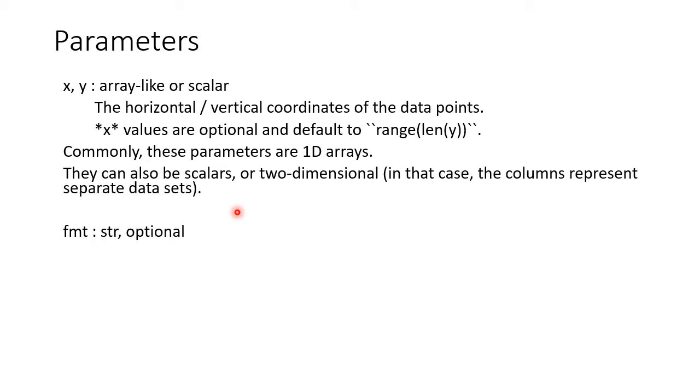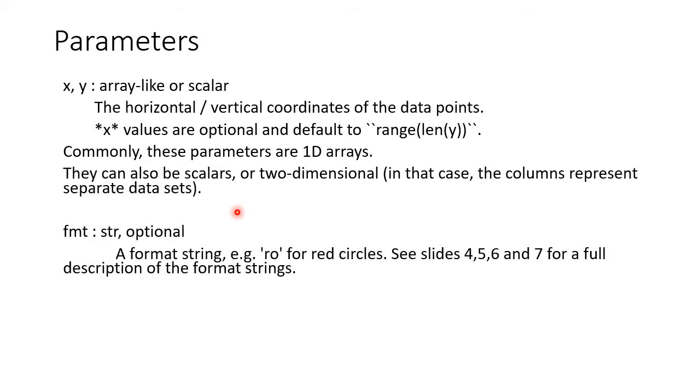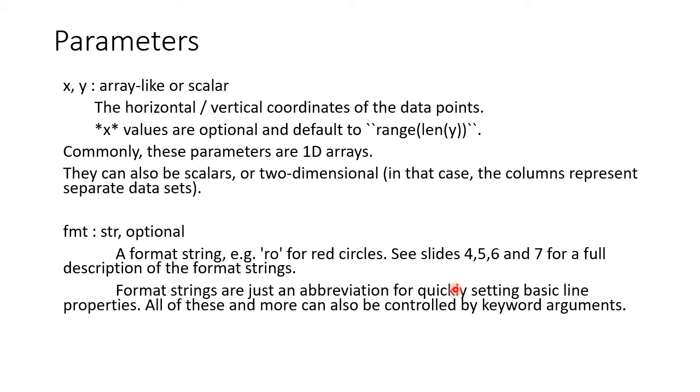Then the fmt, that must be a string and is optional. A format string, for example 'ro', red and o for circles, and we will see all the possible colors, all the possible markers and all the possible connectors. Format strings are just abbreviations for quickly setting basic line properties.